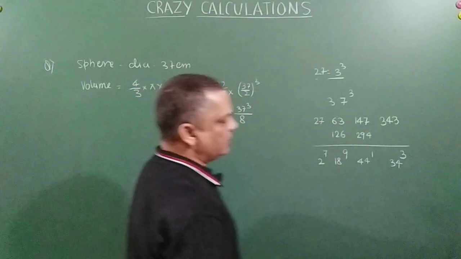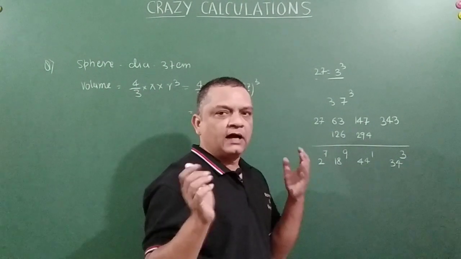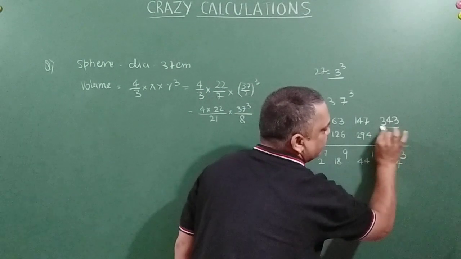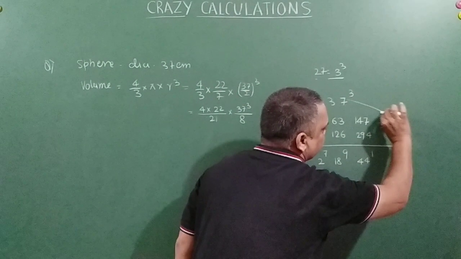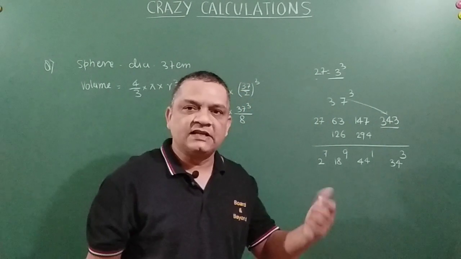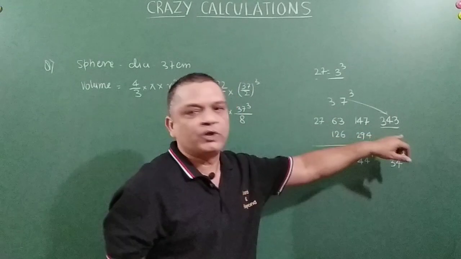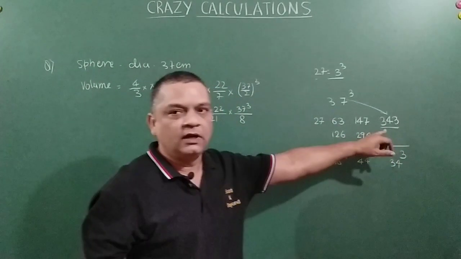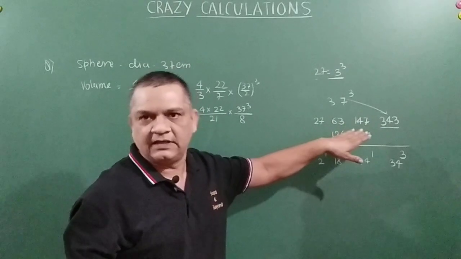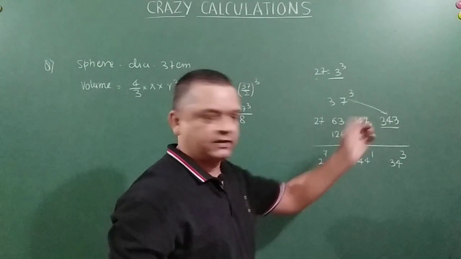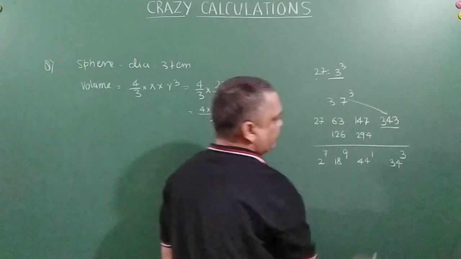Now, just for a cross check, friends, I forgot to tell you in the last class: this last number should be the cube of your last number, if you have not made any mistake. If you have made a mistake, this will not be the cube of the last digit, the units digit. So if it is not, please be sure that you have made some mistake here. 7 cube is 343, so it's correct. This is a cross check point.